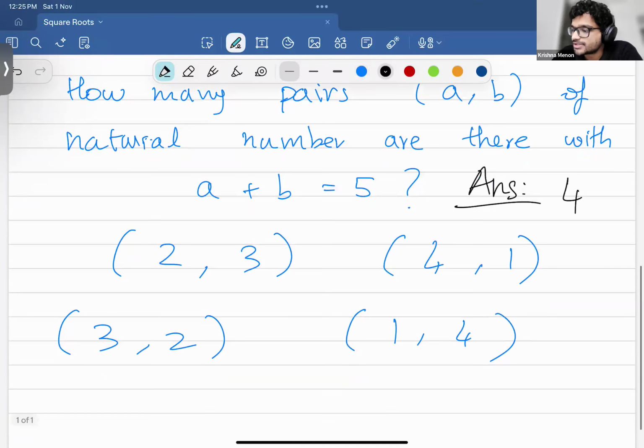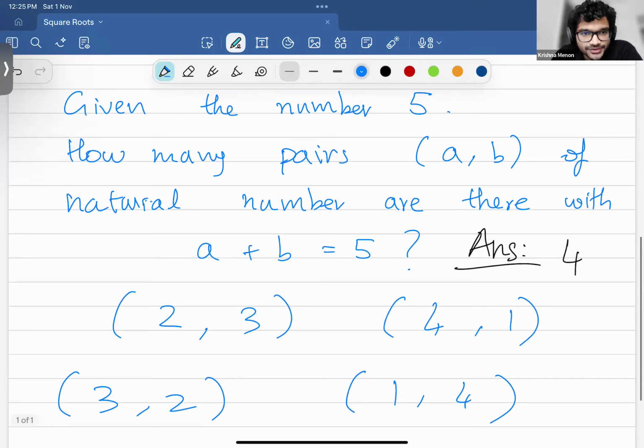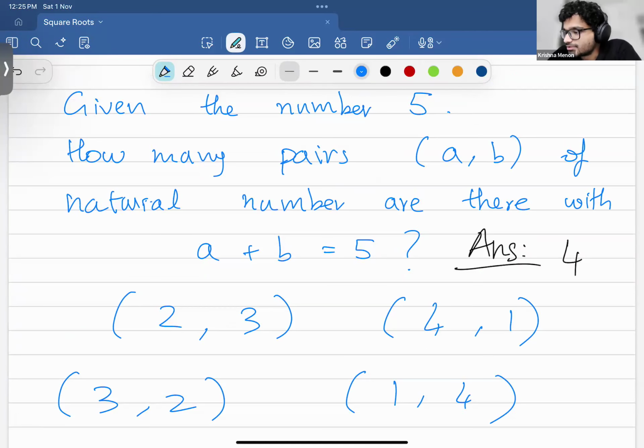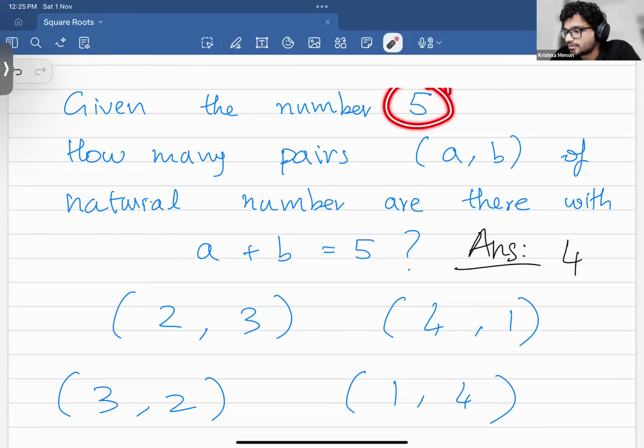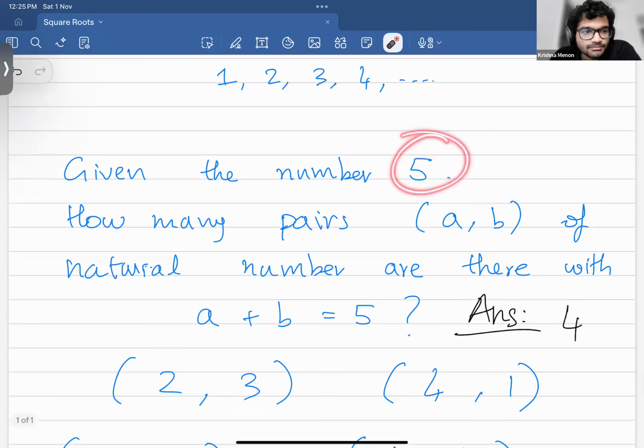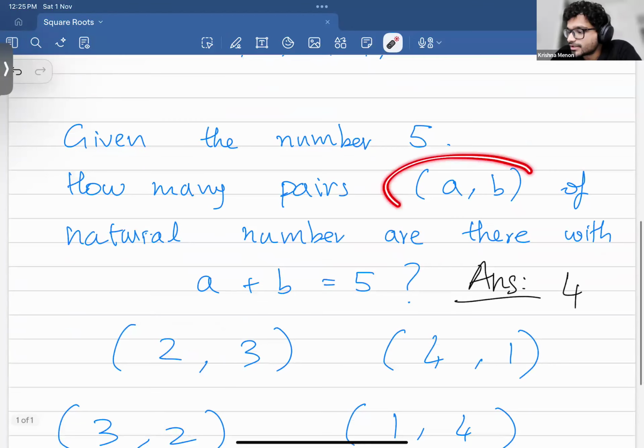So is there anyone who disagrees with what I have just said? Okay. So hopefully everyone is on board for this. Of course, this was for a specific number 5, but what if you are just given some random number? Then how many pairs will be there with this property?